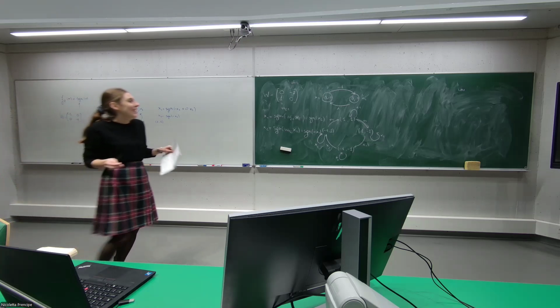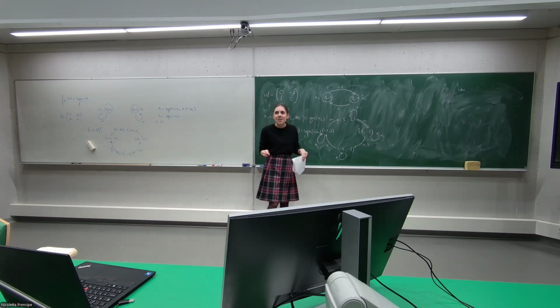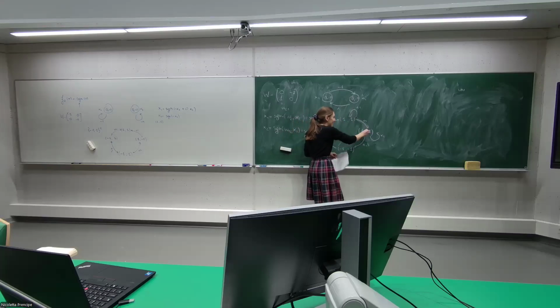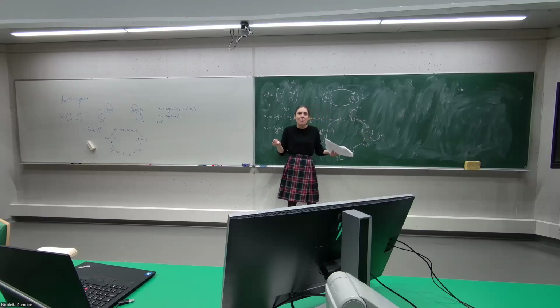But what does this network do? Does this converge? Nope, because it goes all the way around or it stays here and then it goes all the way around. It doesn't go anywhere. There are no arrows that all point to a state.